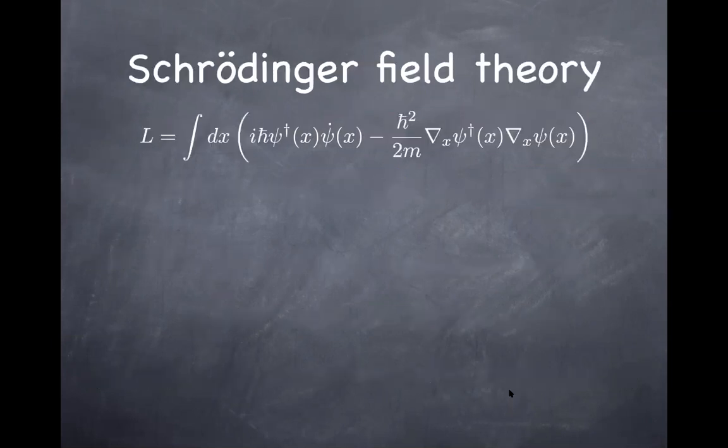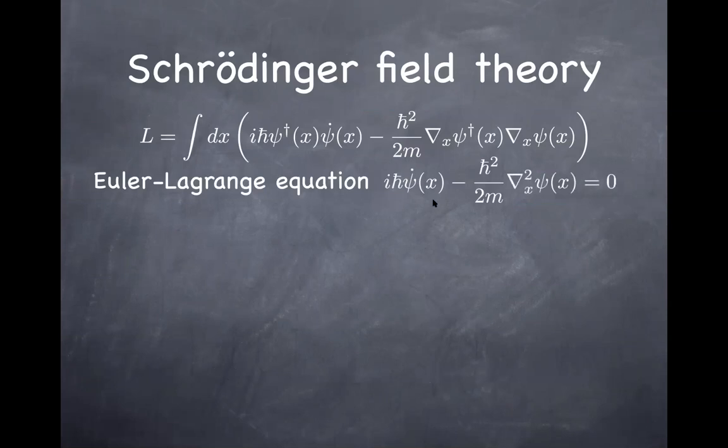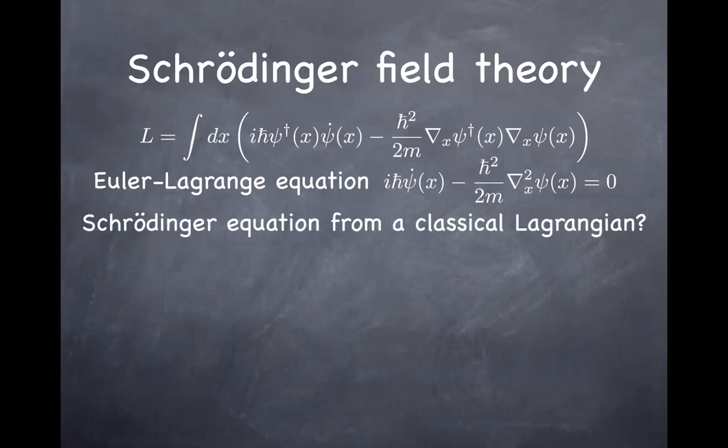Okay. And if that's true, then we should be able to use this to the next level. So right now we have this situation of this Lagrangian leading up to this Euler-Lagrange equation, which resembles the Schrödinger equation of the free particle. So at this point, it may look like the Schrödinger equation can come out from this classical Lagrangian.